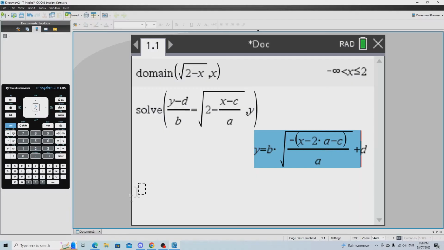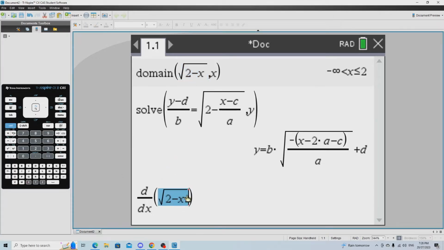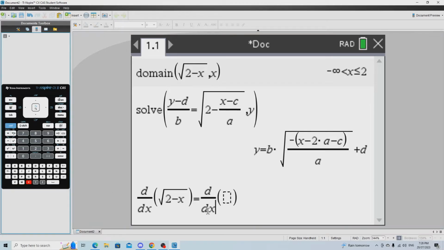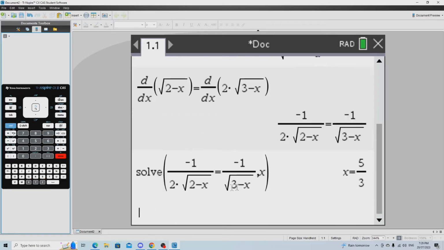So the derivative of this function is equal to the derivative of h2 of x, which is 2 root 3 minus x. Enter, and we solve this.